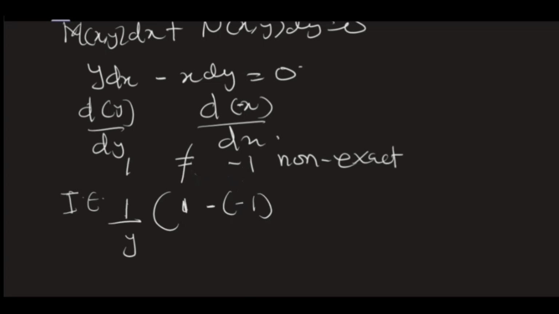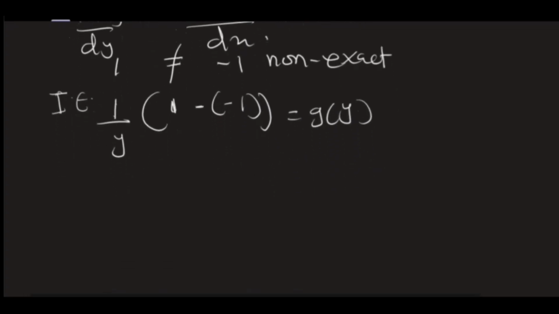So we are actually subtracting the result of doing this minus the result of doing this, and this should give us a function of y. So let's see, 1 minus negative 1 will give me 2 over y, and indeed it's a function of y.